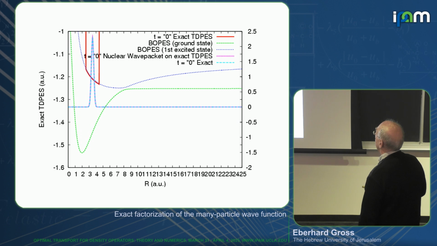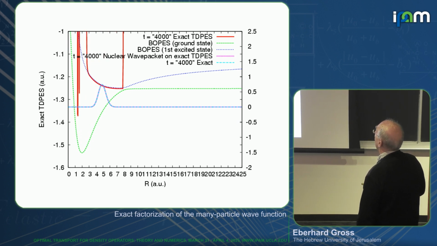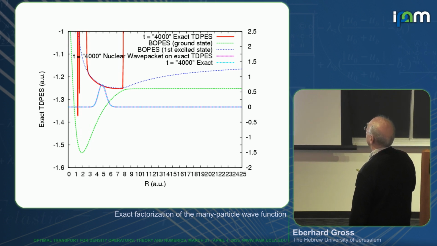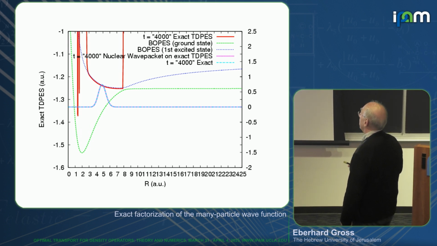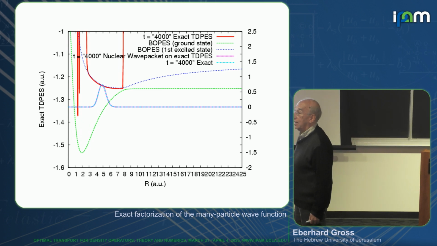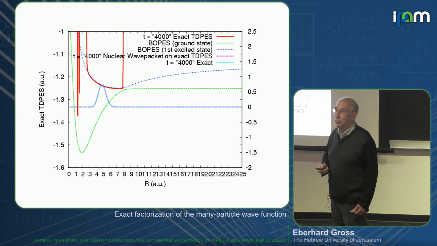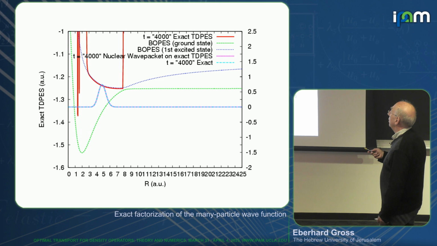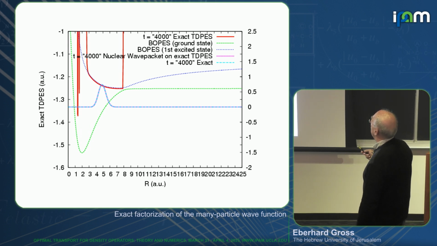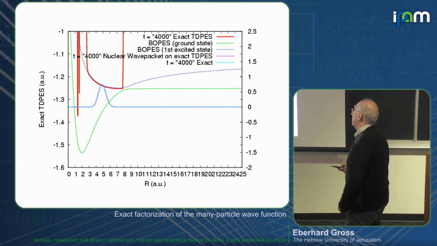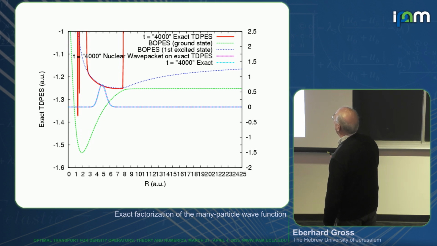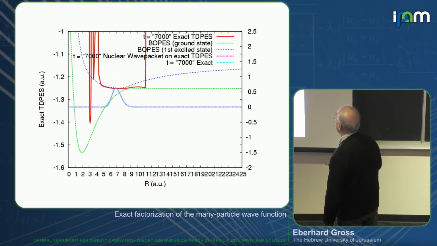So that nuclear wave packet moves. And what is in red here is at each snapshot the exact, at that point in time, exact time-dependent potential energy surface. So initially, of course, it agrees with the upper Born-Oppenheimer surface. And then this wave packet goes across this non-adiabatic region. And then something funny starts developing here.